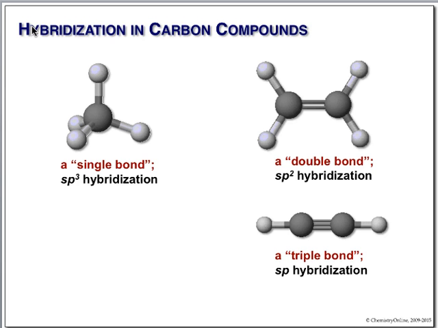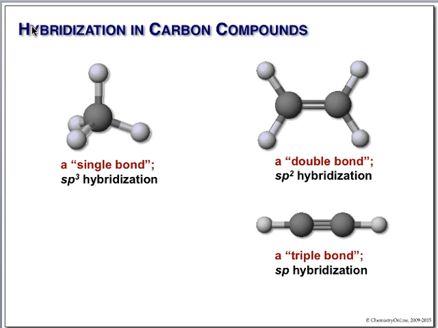In a double and triple bond, we said we take p orbitals and they form a pi bond. So for a double bond we have 1 sigma bond and 1 pi bond. For our triple bond, we have 1 sigma bond and 2 pi bonds.